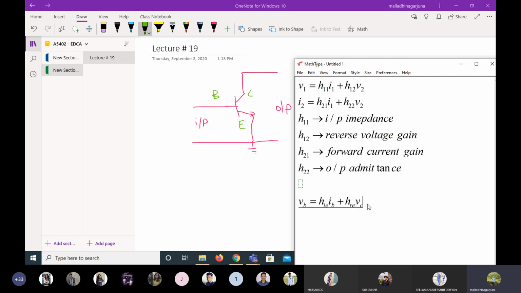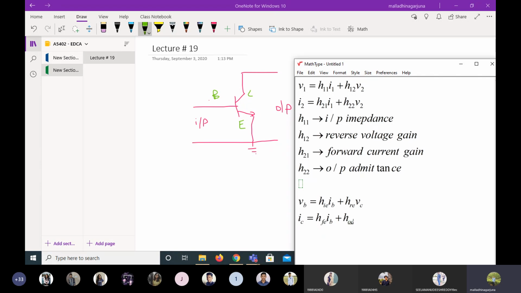V2 is replaced with VC. Similarly, I2 is replaced with IC. Why? Because the 2 indicates the output terminal, and the output terminal is the collector for the common emitter configuration. IC. H21: what is the first letter? F. So H, F, and it is common emitter, so HFE, IB, plus HOE.